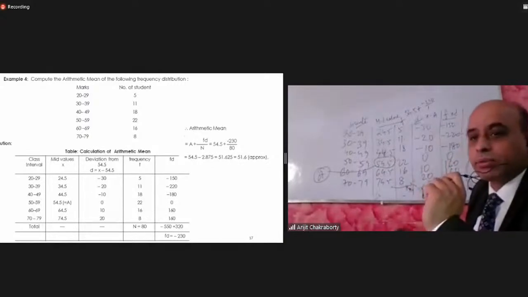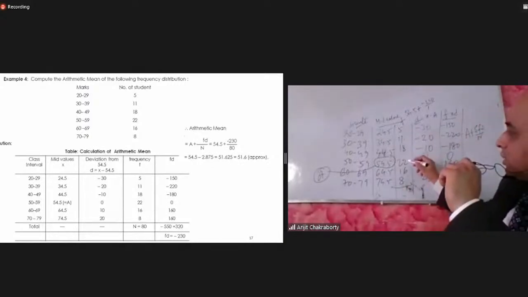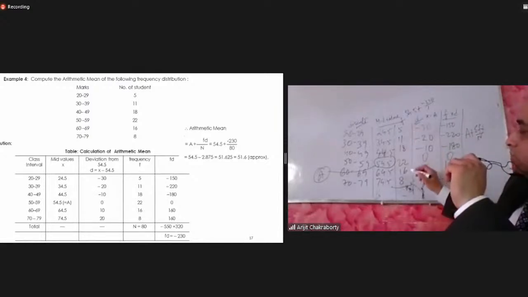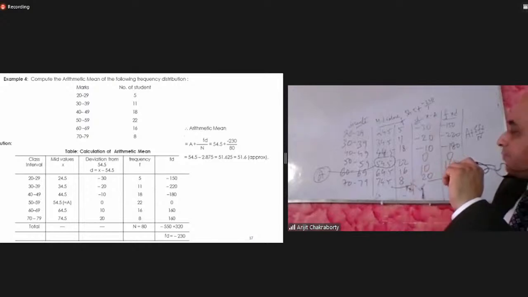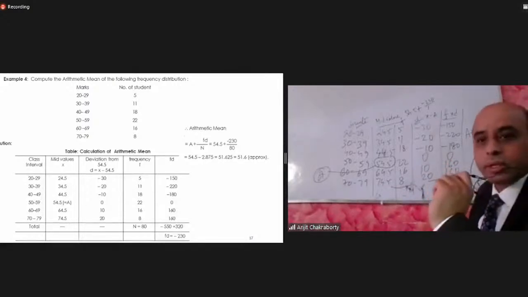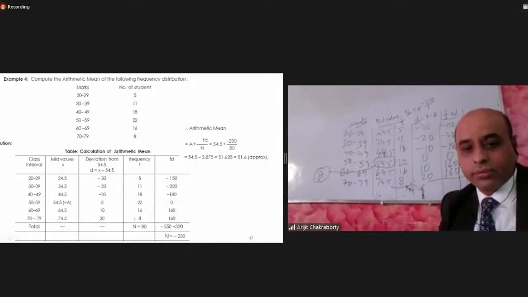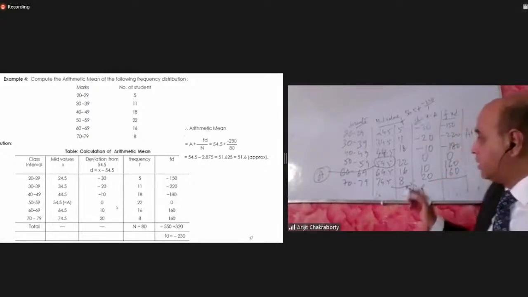If you add up the total frequency, 5, 11, 18, 22, 16 and 8, in this problem the total frequency, that is sigma f, n, equals 80.